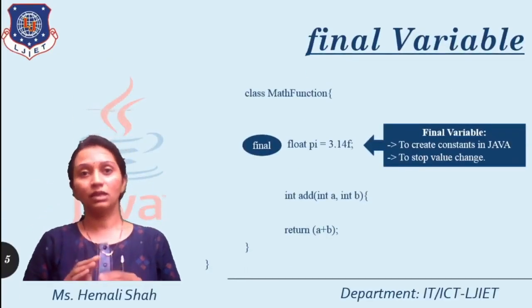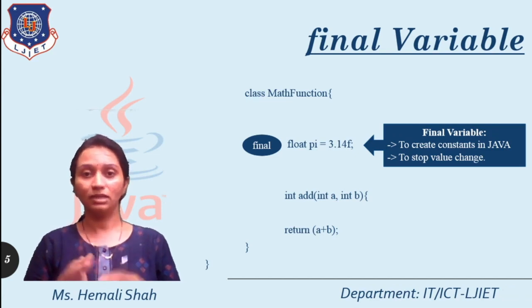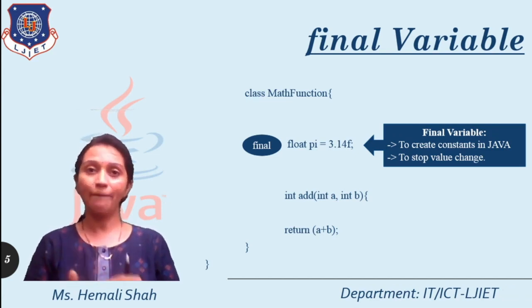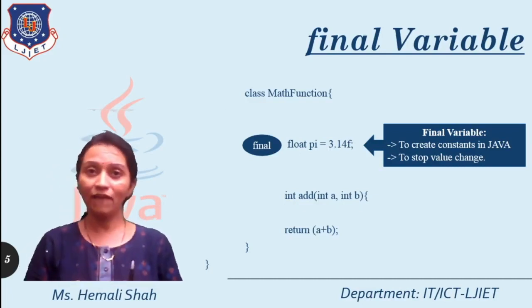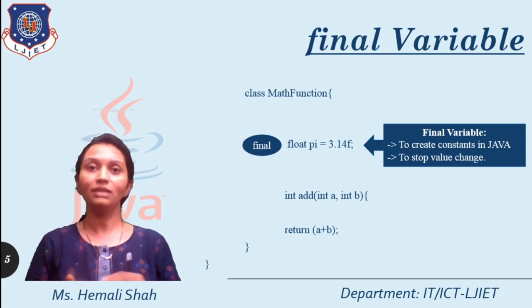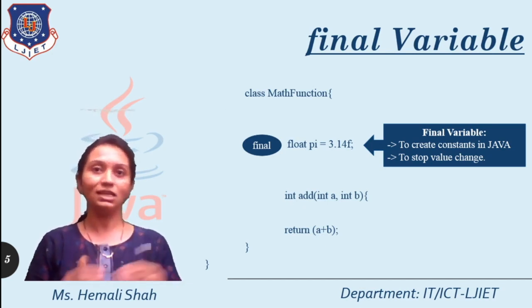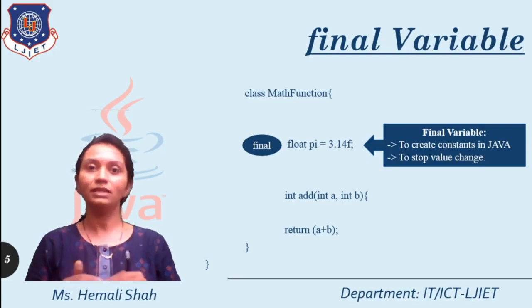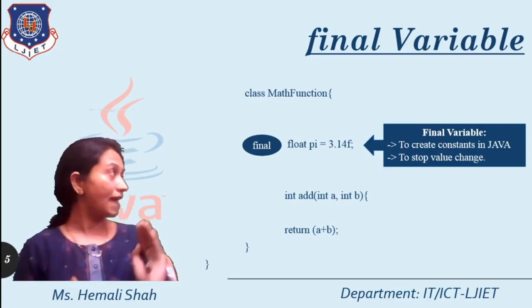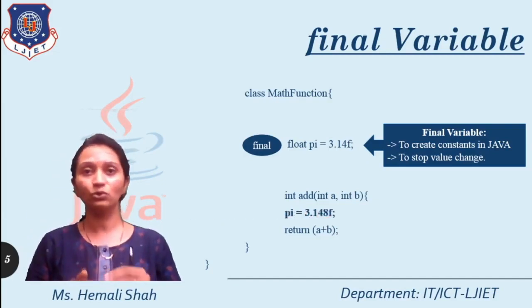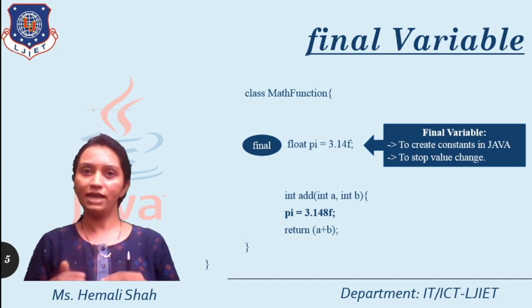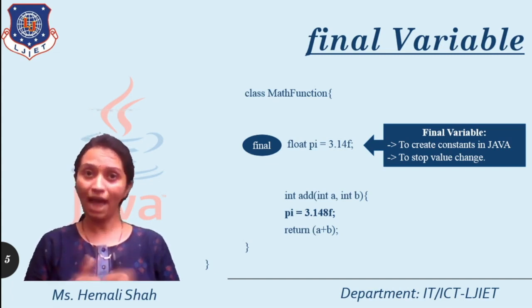Now the final variable is over here. What will happen if you change the value of a final variable in your program? For that, here is a code where I have created one final variable. That means this float pi is a final variable. It is a constant variable. Now inside this add function, I am adding one statement, pi equals 3.148f. What will happen?